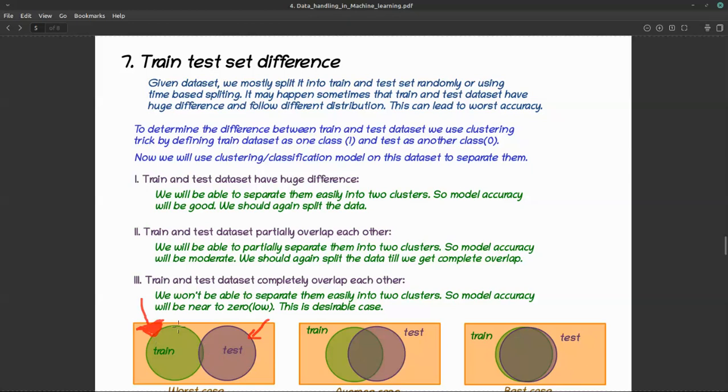If your train data set is somewhere here in the universe, and the test data set is somewhere here, then definitely any model on earth will fail, because it is learning a pattern from here and now you are asking it to predict on this data set. How is it possible, right?